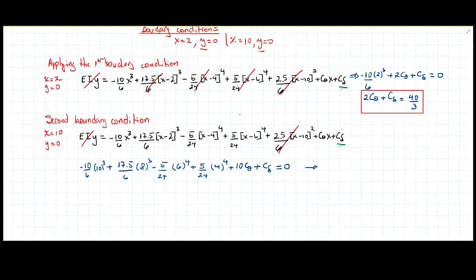Yeah, 10 c theta plus c sigma is going to be equal to 390. This one here. Questions so far?